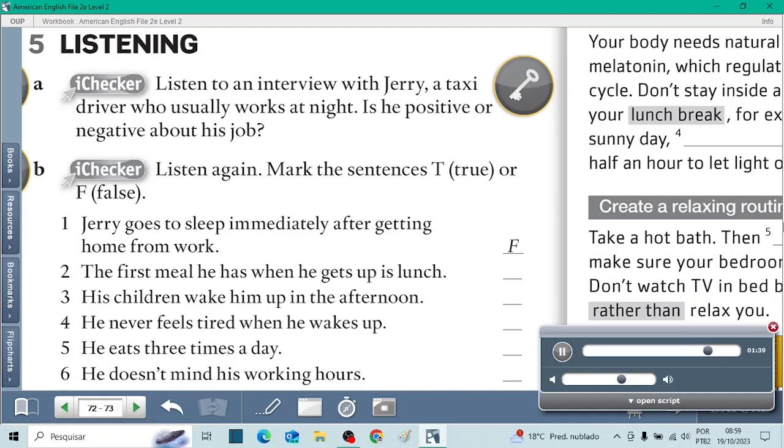If I change my working hours, I wouldn't earn as much money. There's a lot more work at night because people go out for dinner and to the theater or movies, and then it's late and they need to get home, and they don't want to drive because they're tired. I enjoy my job, really, because I meet a lot of interesting people.